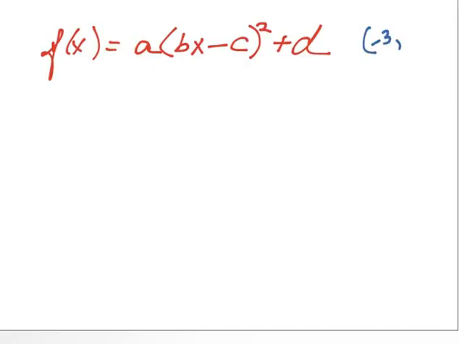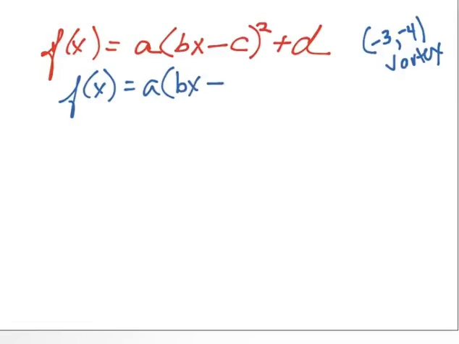So now we have -3, -4 with a vertex. And this is vertex form. So if we have a vertex, then one of the things we know is that's -3 and that's -4, because in vertex form it's literally telling you what the vertex is.